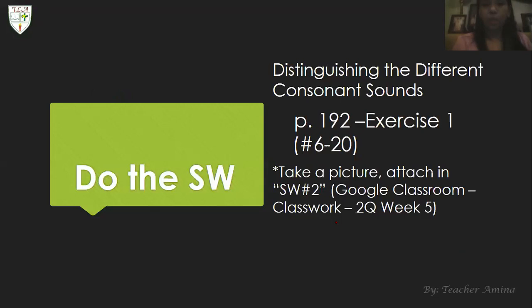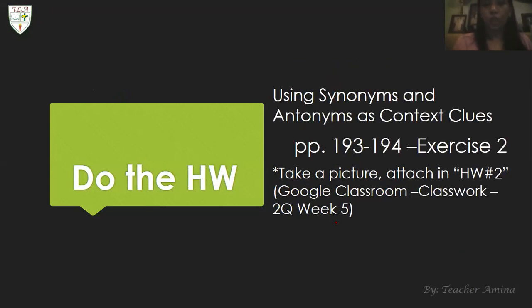Next, do the seat work, page 192, exercise 1, numbers 6 to 20, and then attach it on seat work number 2. Do the homework on pages 193 to 194, exercise 2, and attach it on homework number 2.